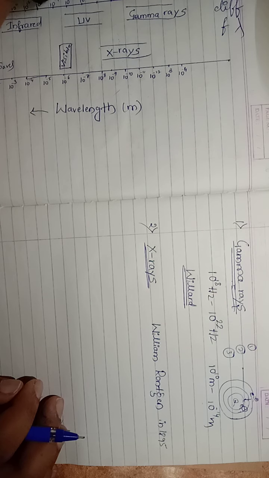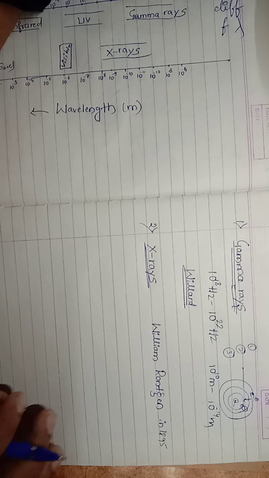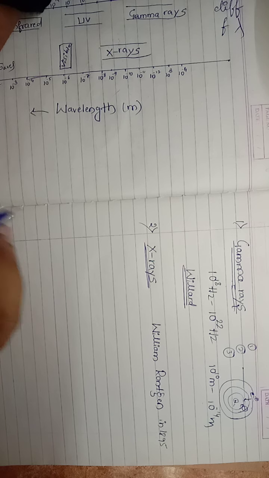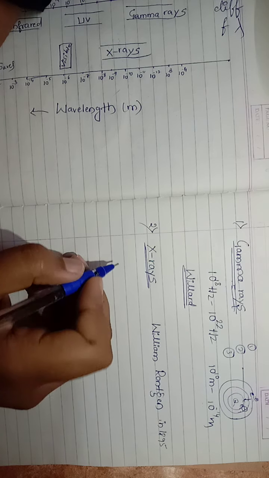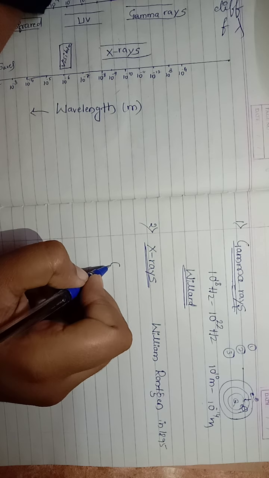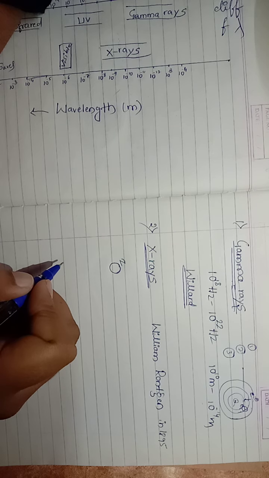So what are the properties of X-rays? How are they produced? They are produced by bombarding a high atomic number atom with a beam of fast moving electrons. That means the Z should be maximum.